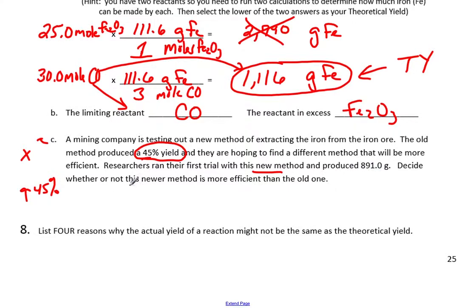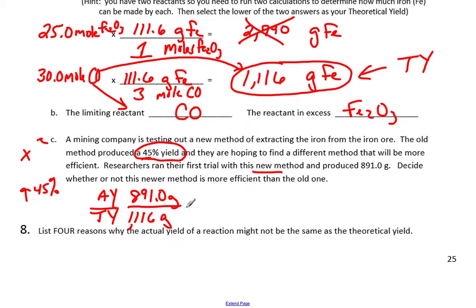If it's better, obviously, they're going to use that method. So this is their actual yield, 891, and we need something to compare it to, so we do stoichiometry, which we just did. So our theoretical yield is always from stoichiometry, from the balanced equation. So we're saying that they should be making 1,116 grams of iron. This is how much they made.